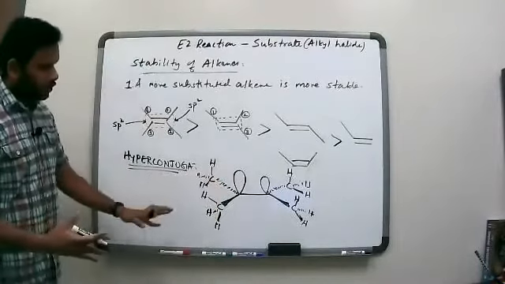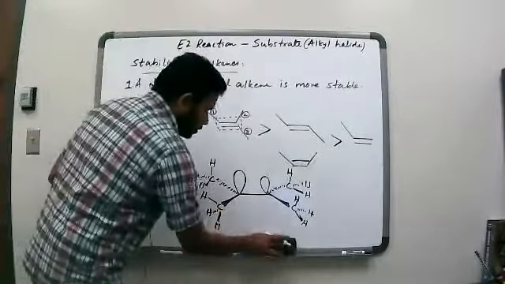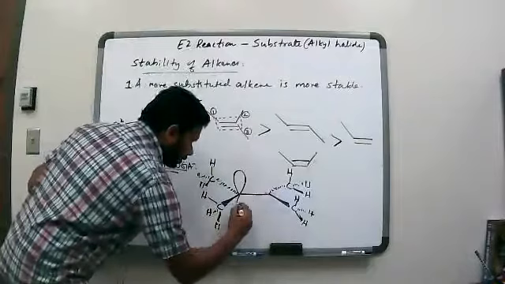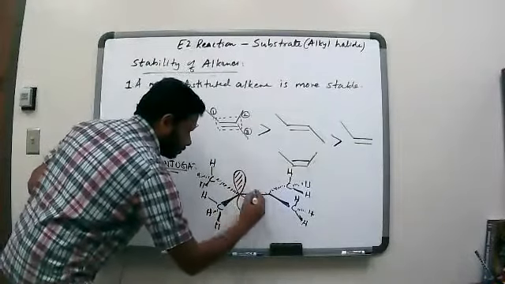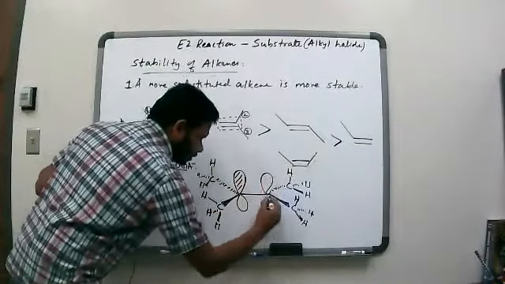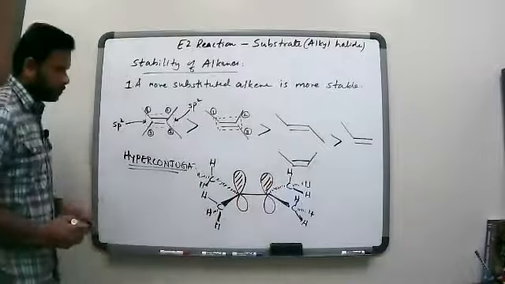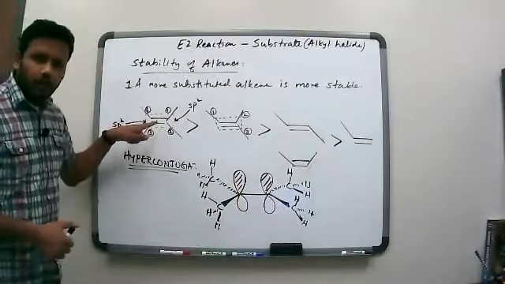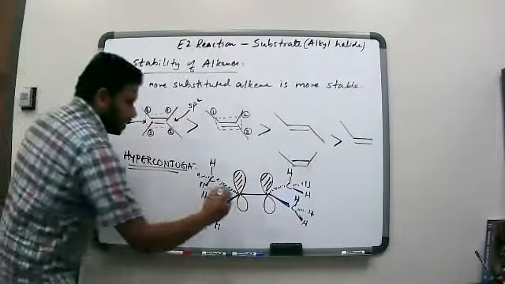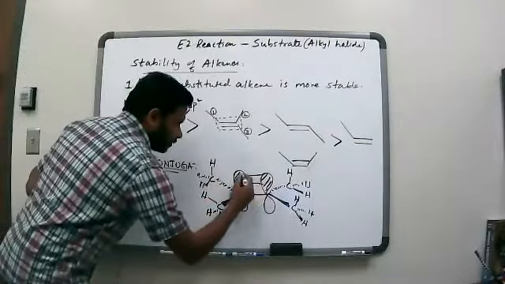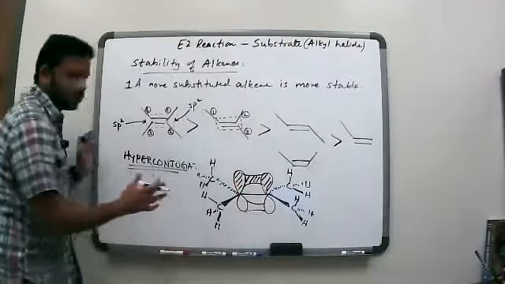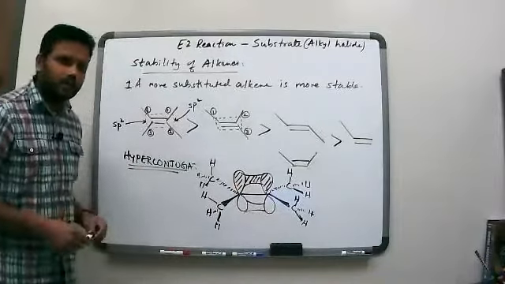So this is what we're looking at overall. And the two sp2 hybridized carbons have p orbitals on them, which are orthogonal to this plane. The double bond, or the pi bond, is basically an overlap of these two p orbitals. These overlap with each other to give us the pi bond. That's how the pi bond is formed.